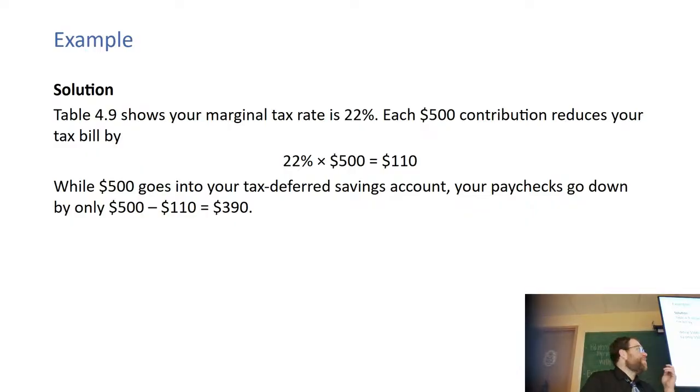Basically where the benefits come in, you're getting 500 in your savings every month, but you're really only paying 390 out of your paycheck to get it. So you're saving on that tax that you don't have to pay when you use that account. Does that make sense?